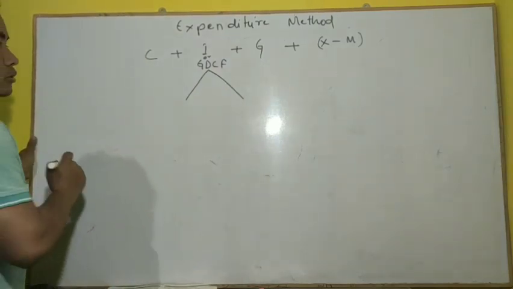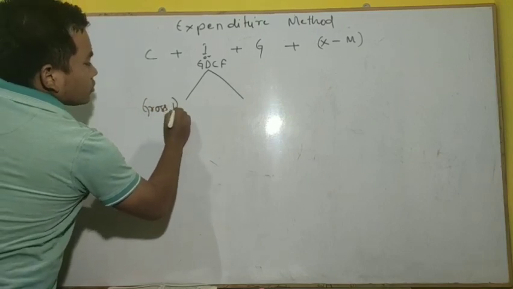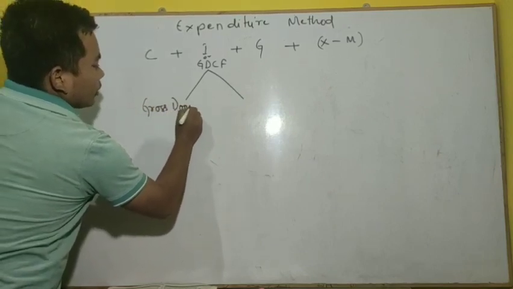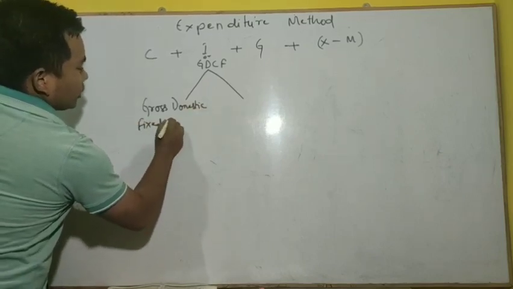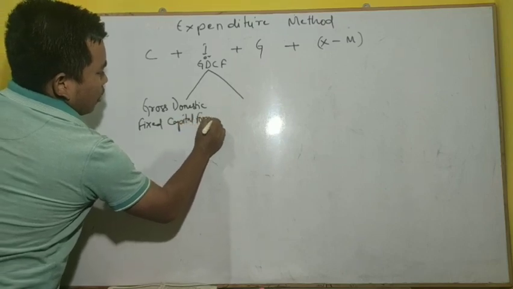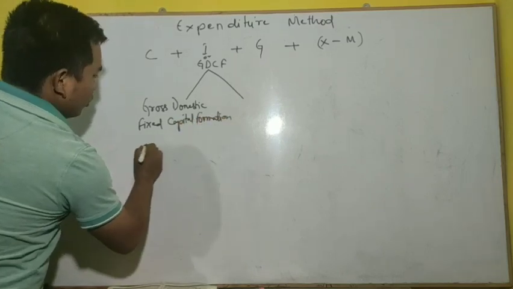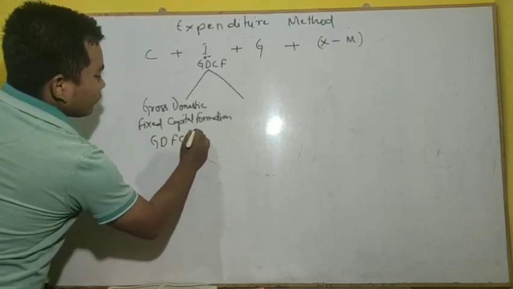The first one is gross domestic fixed capital formation, or GDFCF.